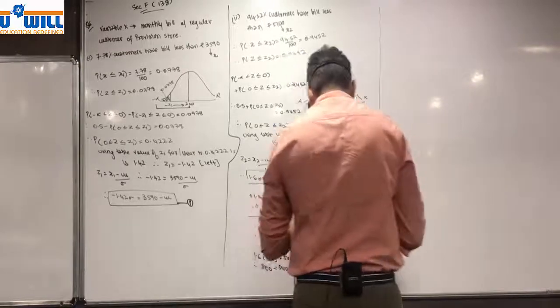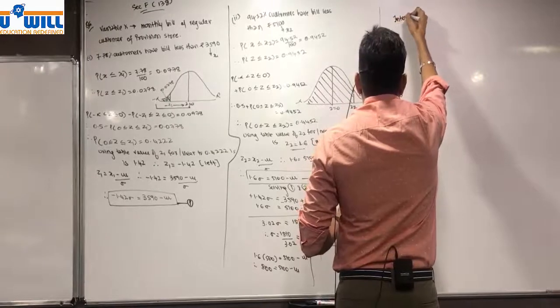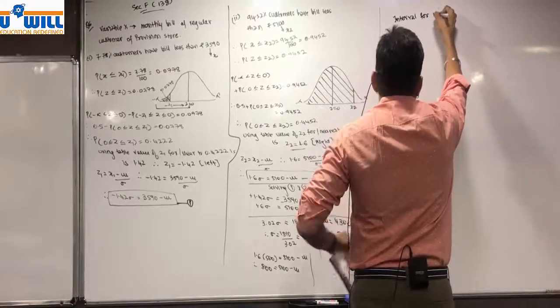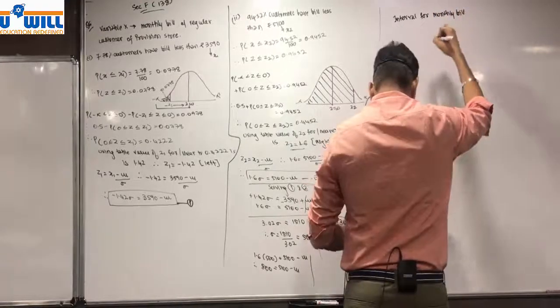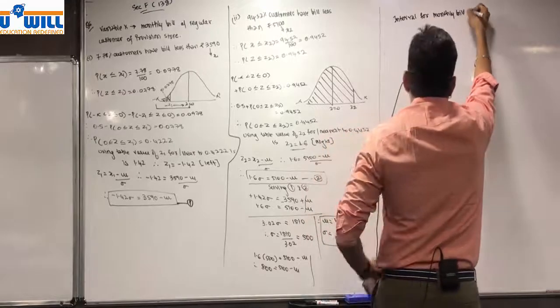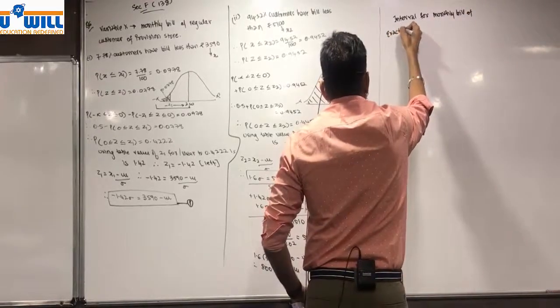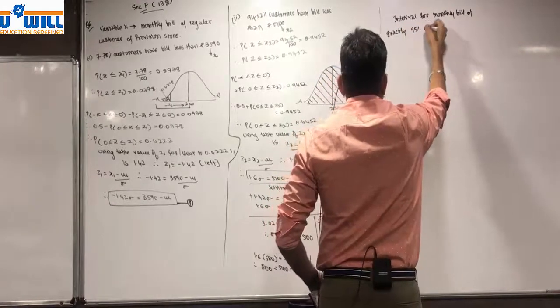Now next is we have to determine the interval for the monthly bill of exactly 95% customers.